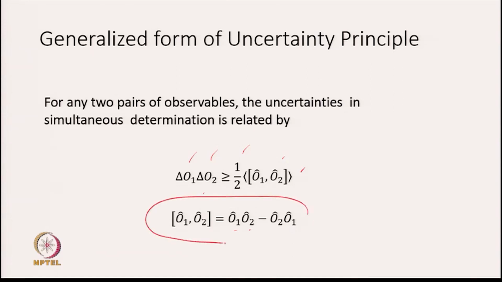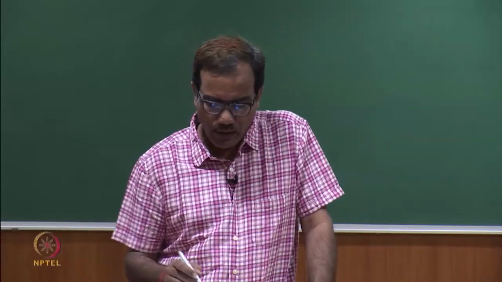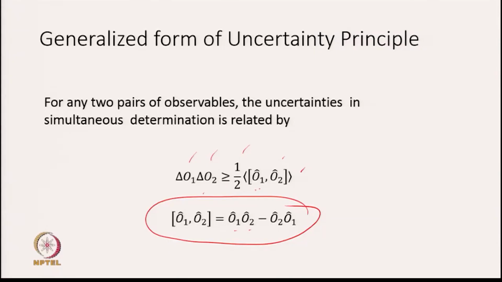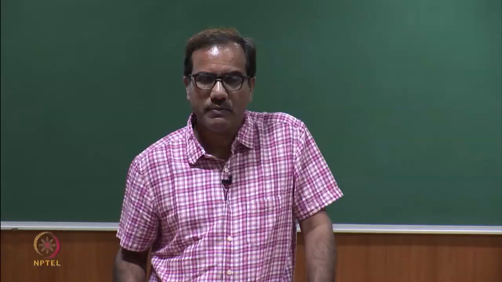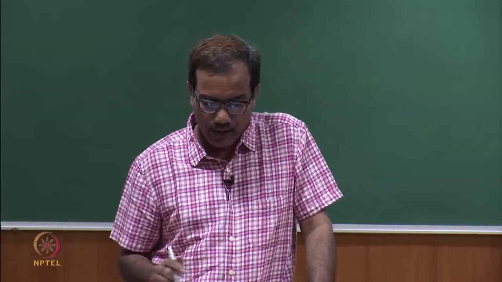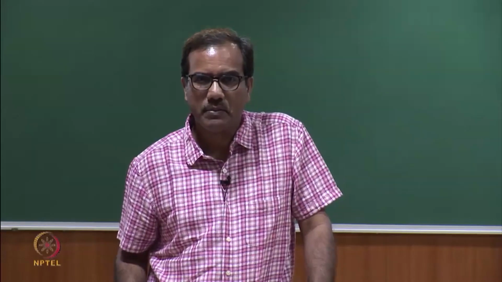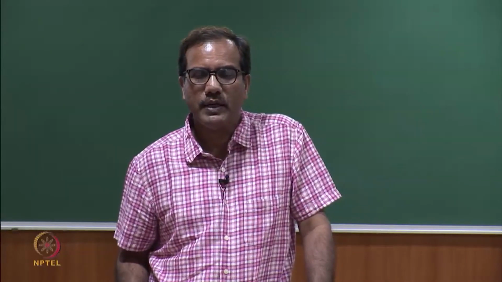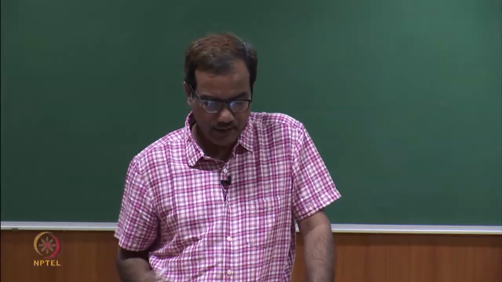If this is equal to 0, then the right side is 0, and you can precisely determine the two observables at the same time, but if this is not equal to 0, then you cannot precisely determine the observables O1 and O2 simultaneously.